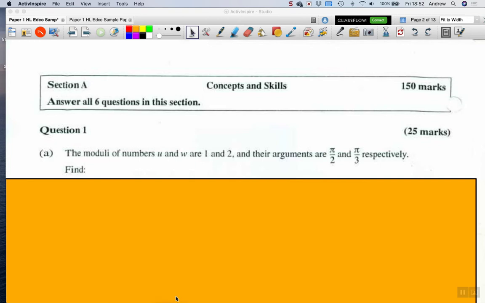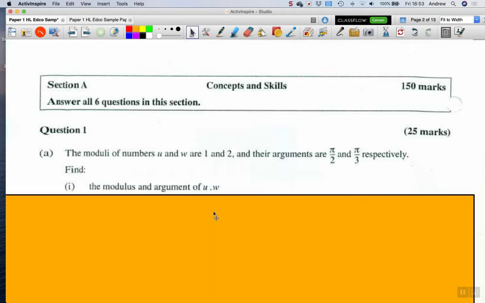Okay, what we're talking about here is sample paper D and going through the various problems that people were experiencing. So first of all, we've got question 1A, an information question which talks about the moduli of numbers and their arguments respectively.